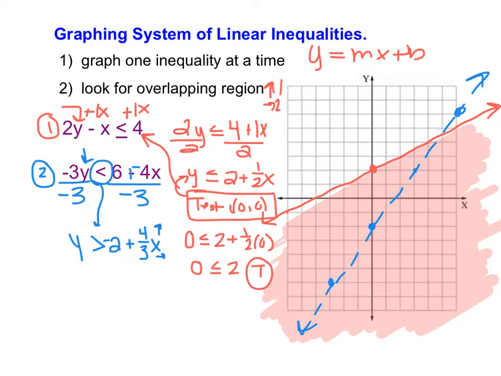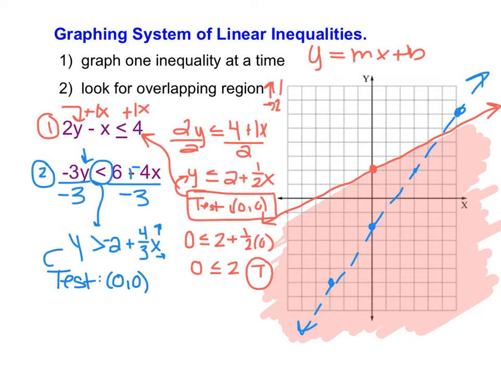So now my last step is to decide which region I want to shade. And notice here that I have region 1 here and region 2 here. So I'm going to have to shade one of those two regions, and in order to figure out which region I'm going to shade, I'm going to test the point 0, 0. So that point is right here, that's in that first region, and I'm going to test that point out.